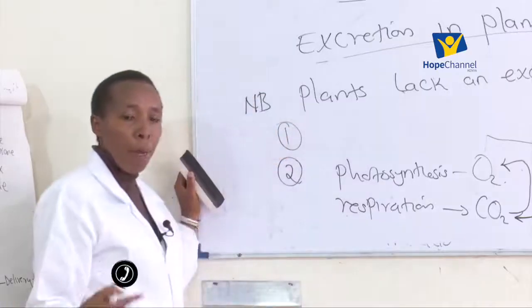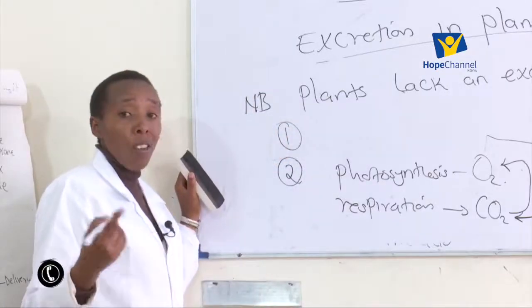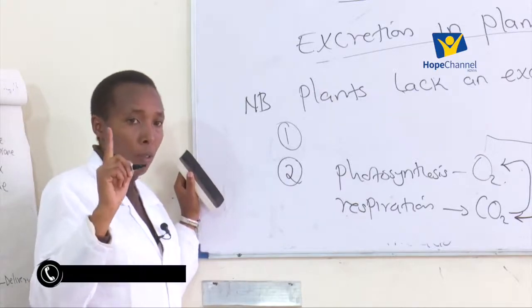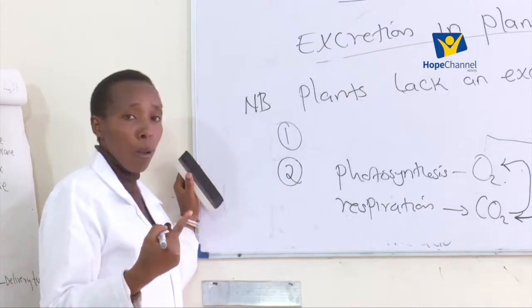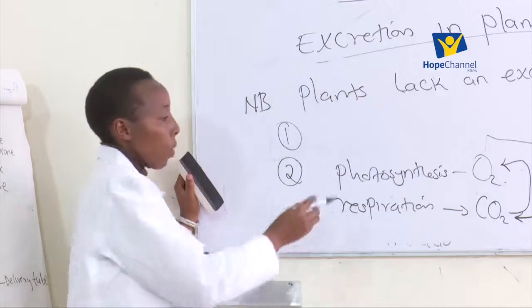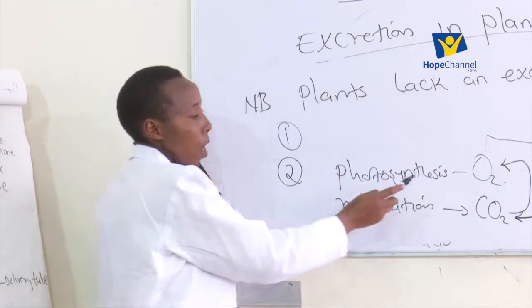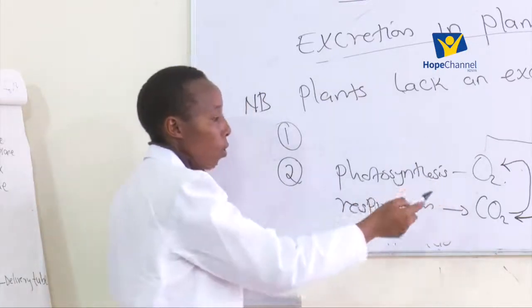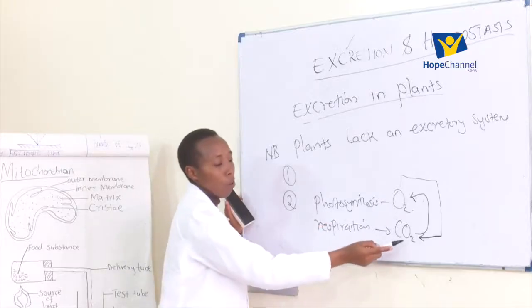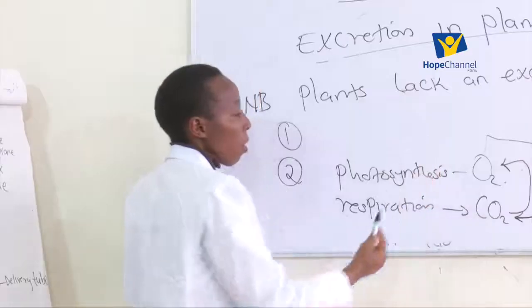So in a way, we are saying some of the waste products, not all of them, I've said some of the waste products, are recycled in the plant. We have given an example where photosynthesis gives out oxygen that is used in respiration, and during respiration, we produce carbon dioxide that is used in photosynthesis.